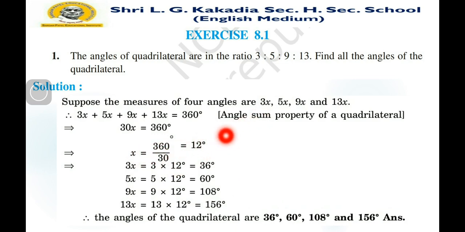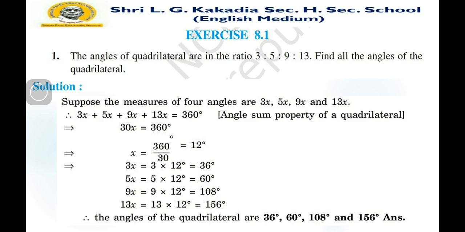So we put 12 in all these terms: 3x, 3 into 12 is 36; 5x, that is 5 into 12, is 60; 9x is equal to 9 into 12, which is 108; and 13x is equal to 13 into 12, that is 156 degrees. Therefore the angles of the quadrilateral are 36 degrees, 60, 108 and 156. So we can find such angles.